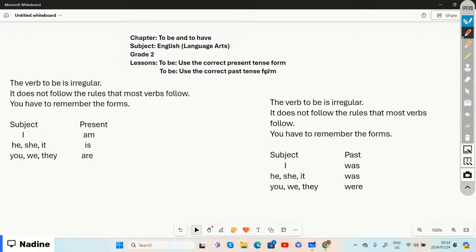So I'm going to read out the subject and the present tense form.